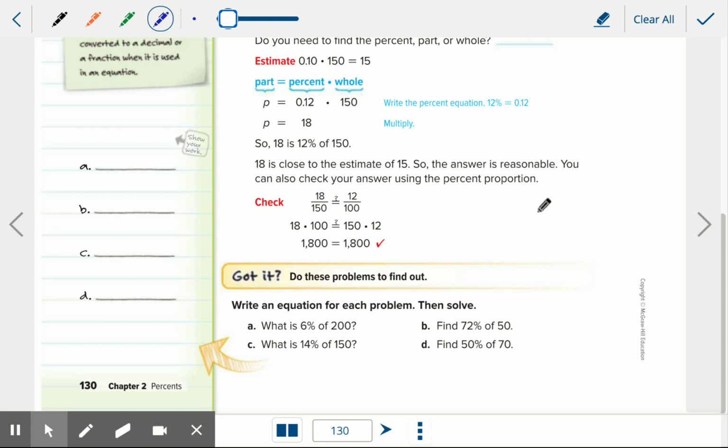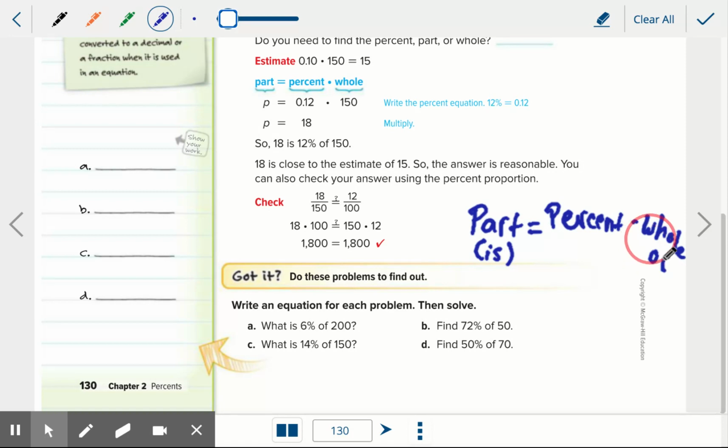I want to remind us of the equation we're going to use. It is part equals percent times whole. I want you to write this down, remembering this is the is and this is the of.